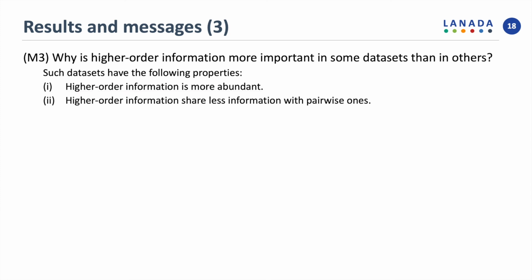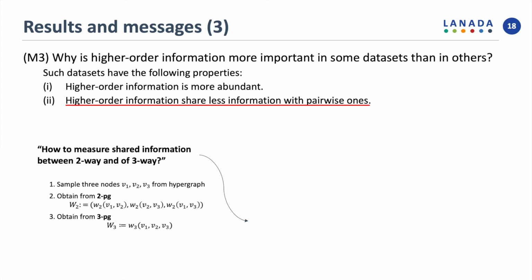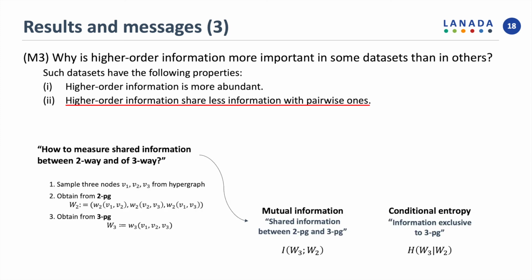Now the second speculation for those datasets is that higher-order information shares less information with pairwise ones. So we need to measure shared information between 2-way and 3-way information. We use information theoretic measures, which are the mutual information and conditional entropy.